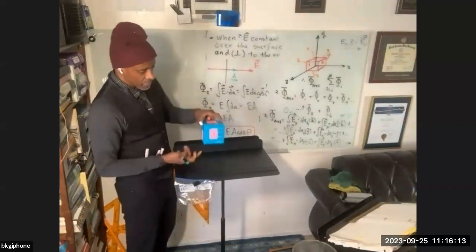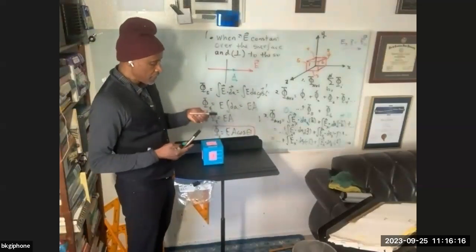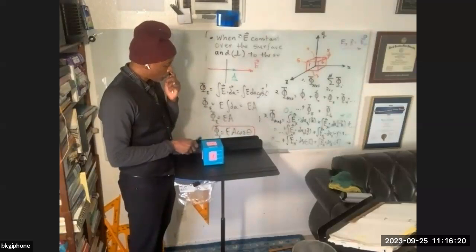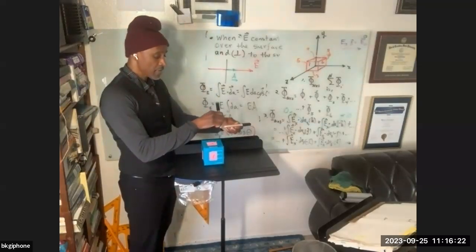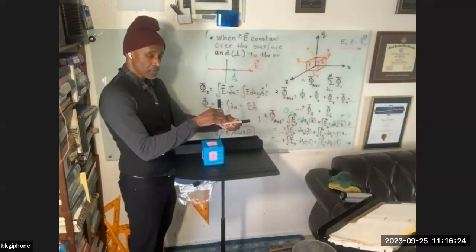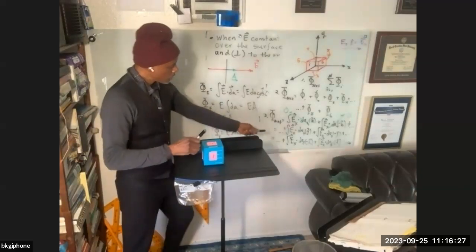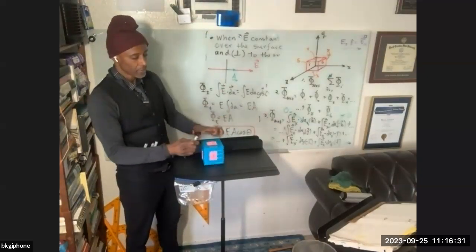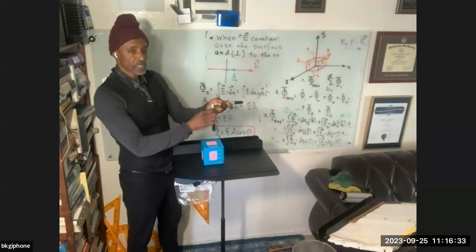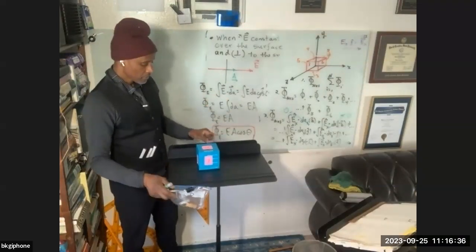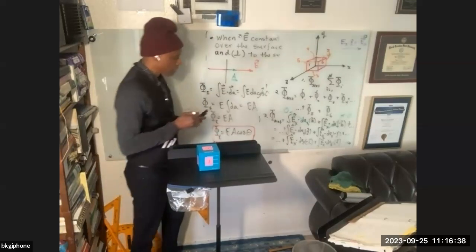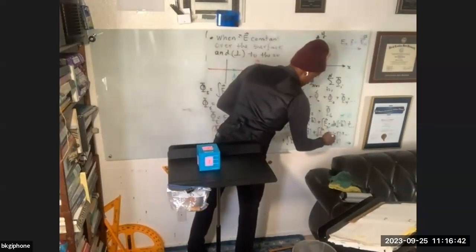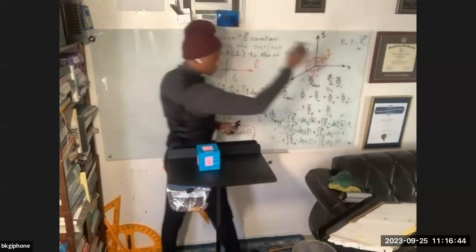Side 4 is the top, side 3 is the bottom. The E field is pointing in the x direction. So the area vector for side 4 has got to be perpendicular to that surface, which is straight up. So the angle between them is 90 degrees. Cosine of 90 is 0. So this term goes out. Same thing for the bottom surface. A is pointing down. Angle 90 degrees between E and dA. And so we get 0 contribution there. So this guy is 0. And this guy is 0. Okay?